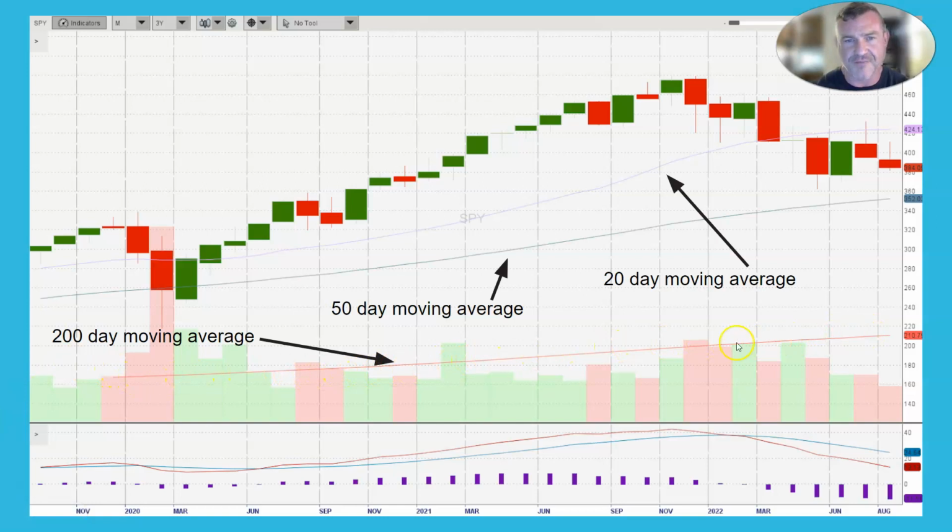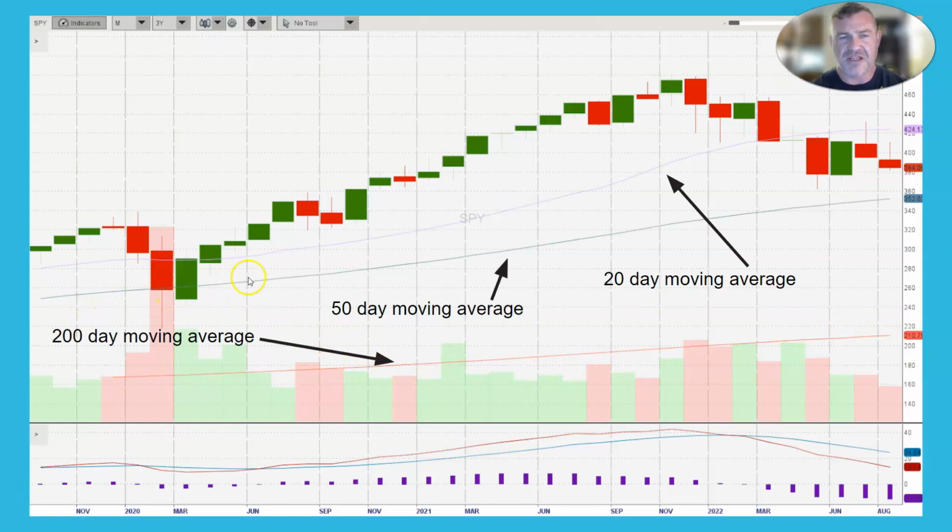And it creates this line. 50 days, the only difference is that instead of adding up 200 days, adding up 50 days, dividing by that amount of days. Same thing with the 20-day. Now, what is powerful about this? What's really powerful about this, with a very quick look, we can see what this long-term trend has been doing over the last 200 days.